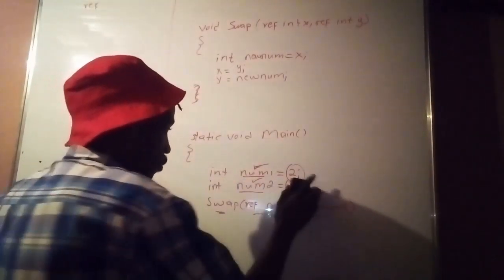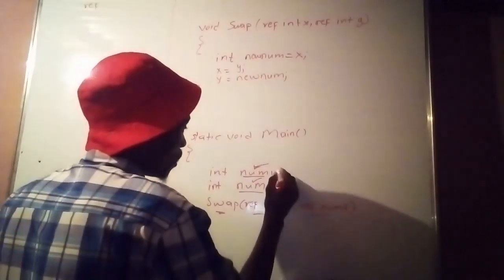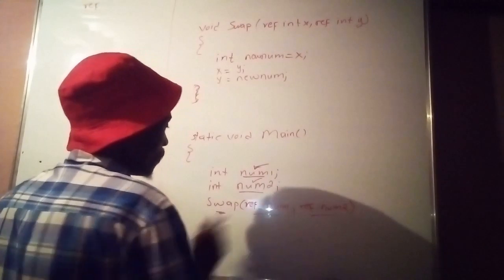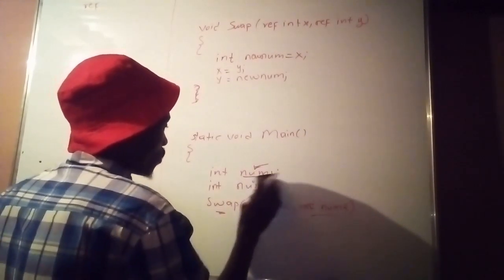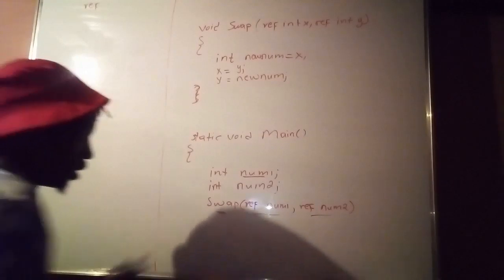For example, let's remove these values that we have assigned. We remove these values. Now we have just declared them.